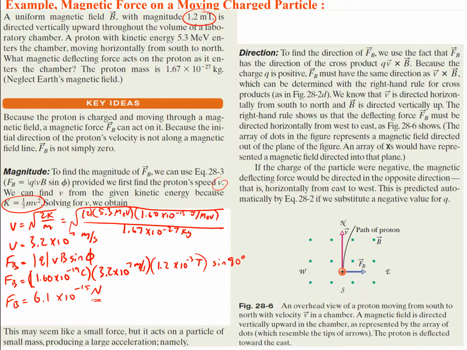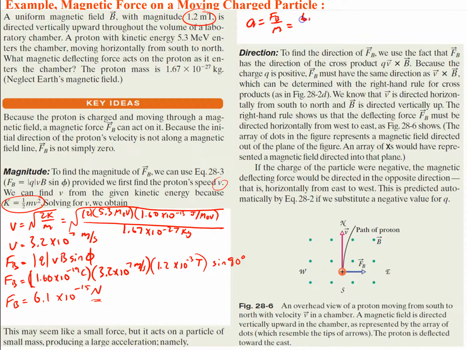This may seem like a small force, but it acts on a particle of a very small mass, producing a particularly large acceleration. If we find the acceleration simply by using F equals ma and solving for acceleration, the acceleration is going to be the magnetic force divided by the mass.